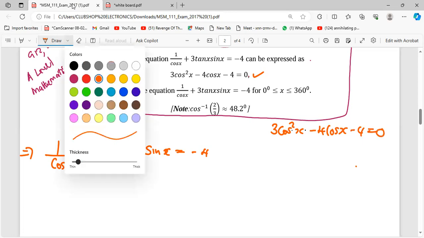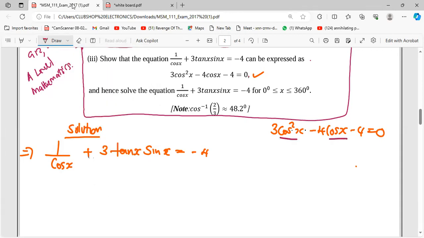Now you can see that this equation should be in terms of the function cos x, right? So you can see that here we have cos x, and here is tan x. So we can check if we can convert tan x or maybe sin x so that all of them have cos x.